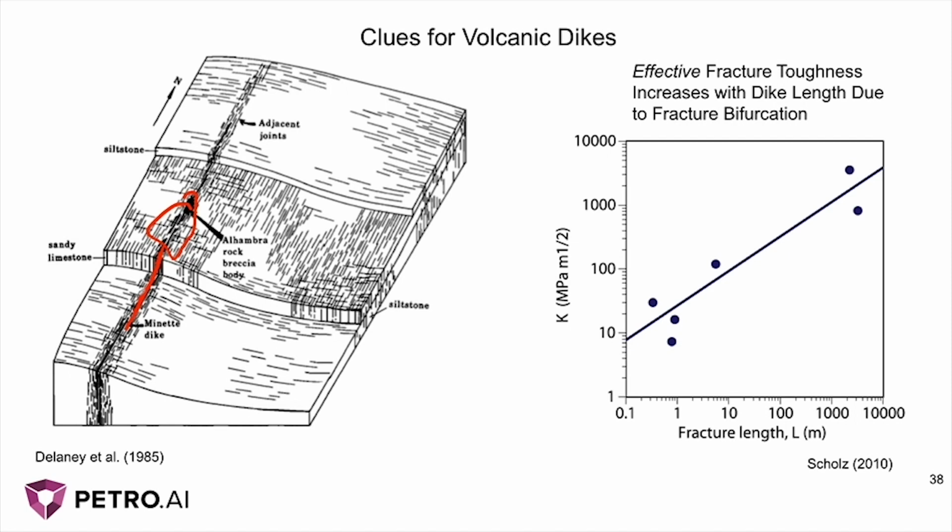Regardless, Chris Schultz, in the diagram on the right, looked at systems like the one on the left and actually looked at what could be considered an effective fracture toughness as a function of length and came up with this scaling that's shown, so that as a fracture, in our case, went to something like 100 or 200 meters about here, the fracture toughness would be about an order of magnitude higher than it is when the fracture is about roughly a meter in size.